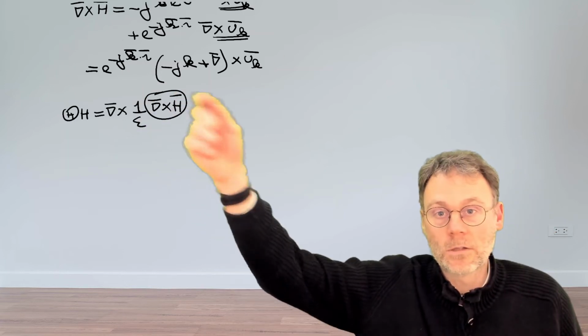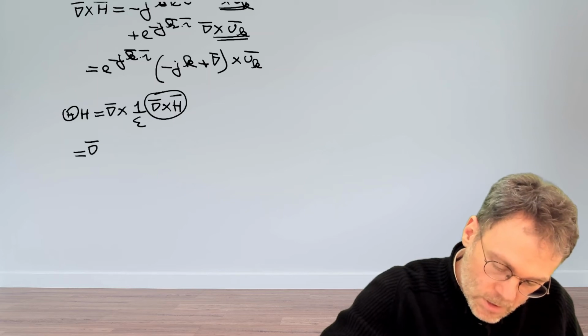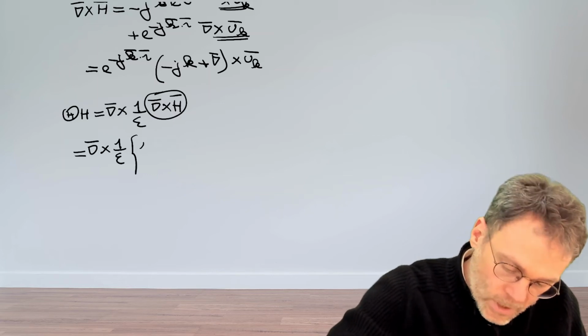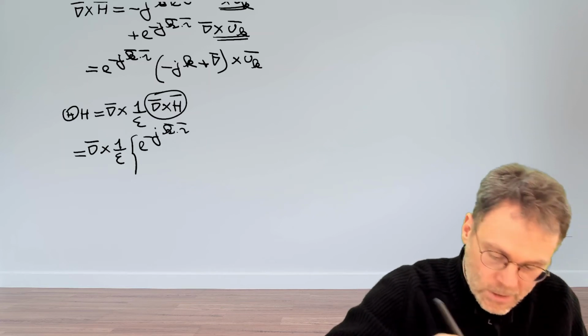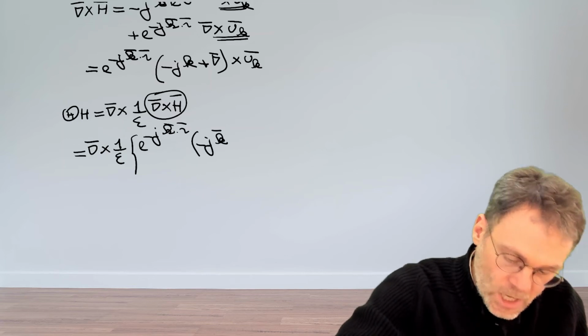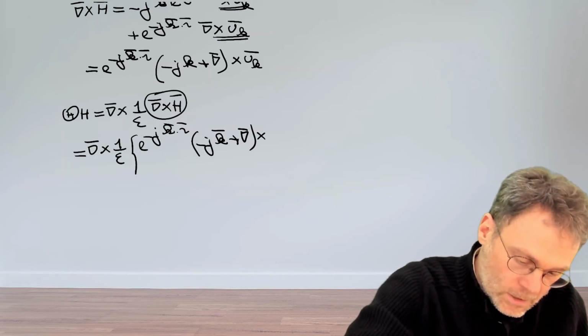You can see the results right here. So that actually becomes the curl of 1 over epsilon, and then we copy and paste what we just spent a lot of blood, sweat, and tears to calculate: exponential minus jkr, minus jk plus nabla, and then uk.